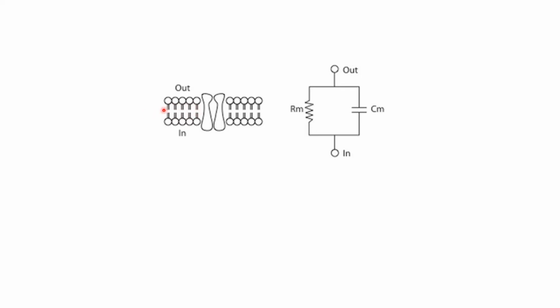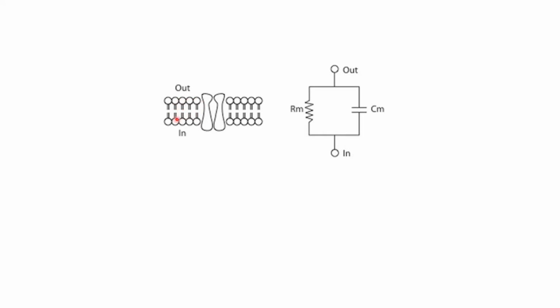And this hydrophobic region in the middle does not allow charge to pass through, so it acts as an insulator, whereas these polar heads are more friendly to charge, so positive charge or negative charge can accumulate along these layers. So this arrangement functions like two conducting layers separated by an insulator, so it acts like a capacitor.